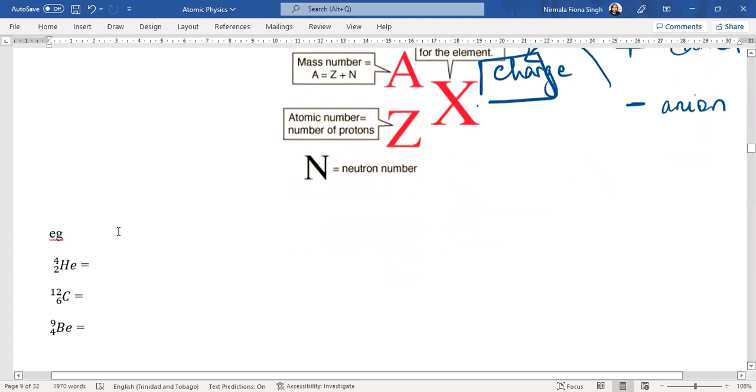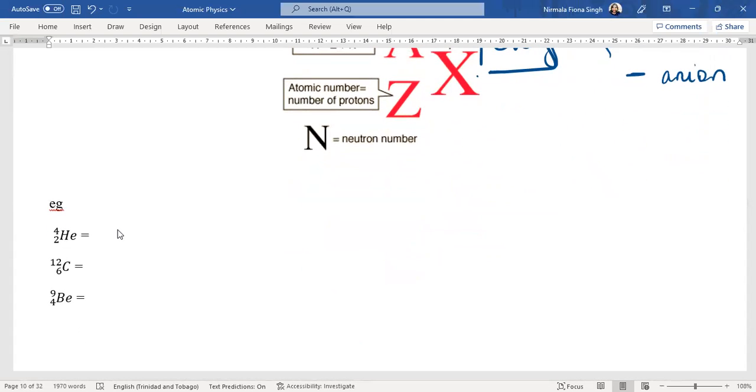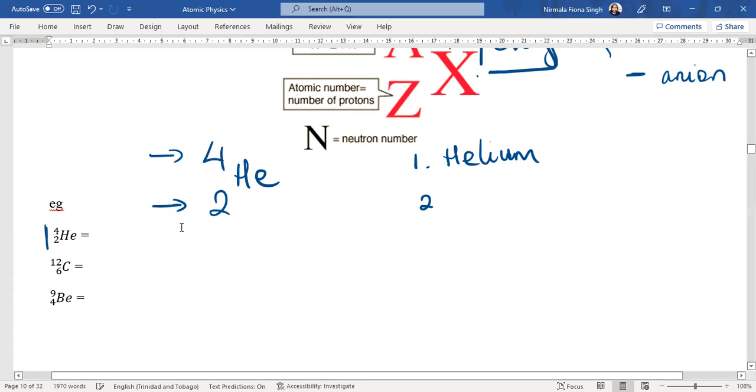So here I have helium. This notation, 4 2 He, tells us a whole bunch of things. One, we know that the element is helium. I know this is our mass number and our atomic number.